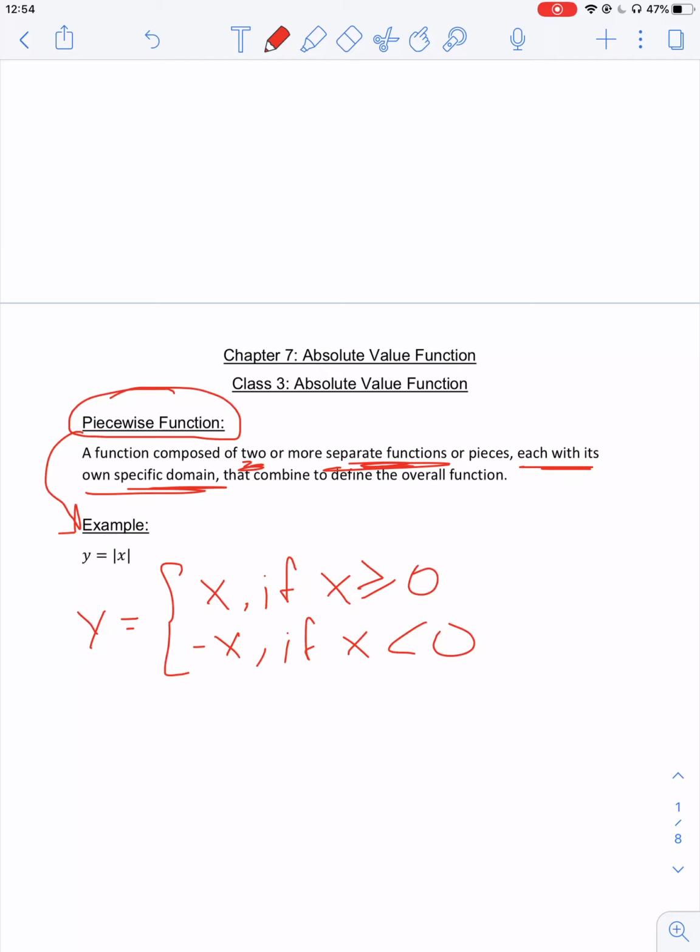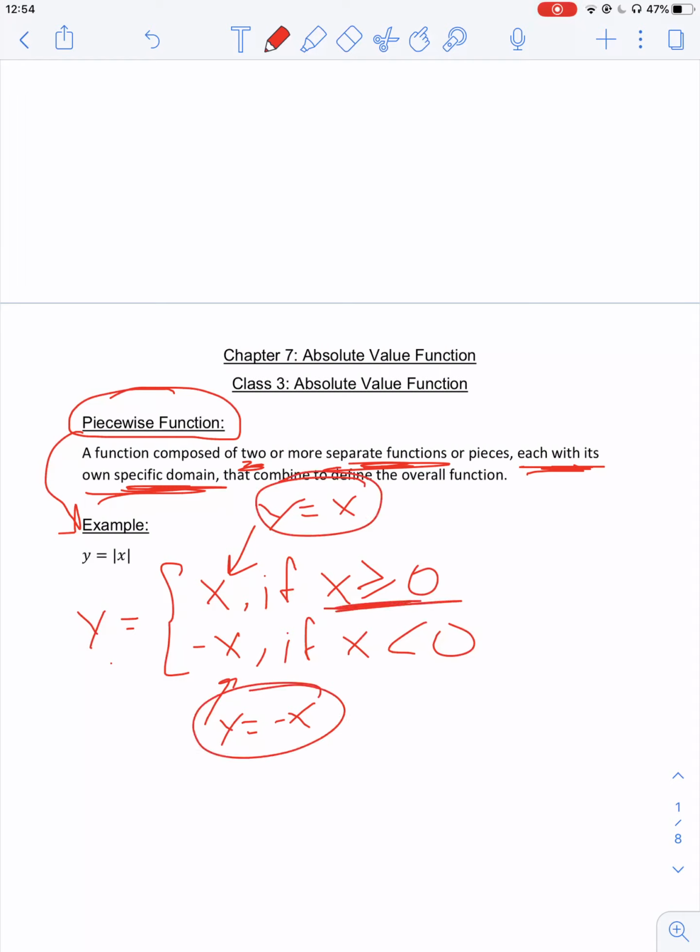This one over here is your first function, y equals x. The second function is this one, y equals minus x, each with its own specific domain. The domain of y equals x is this, and the domain of y equals minus x is this.